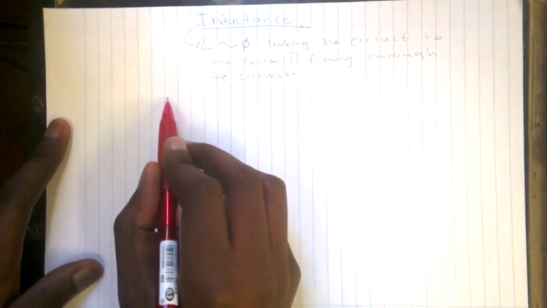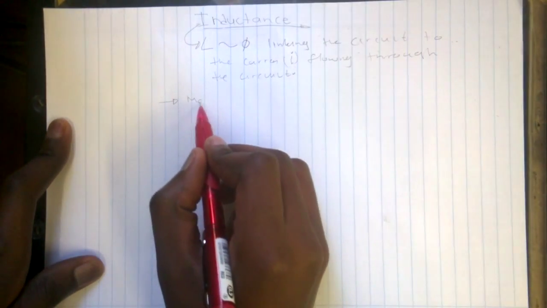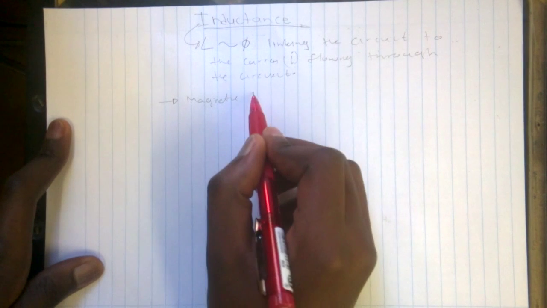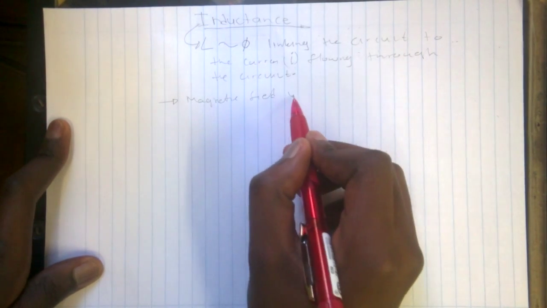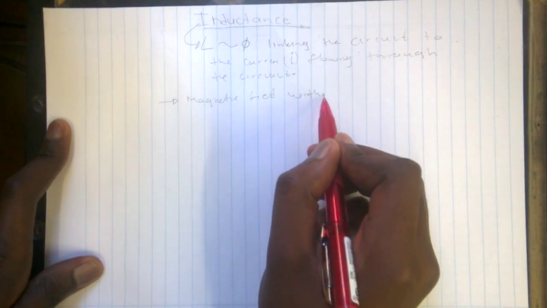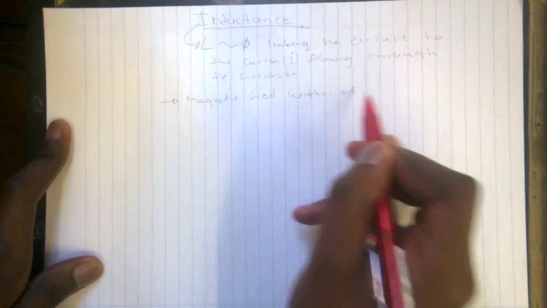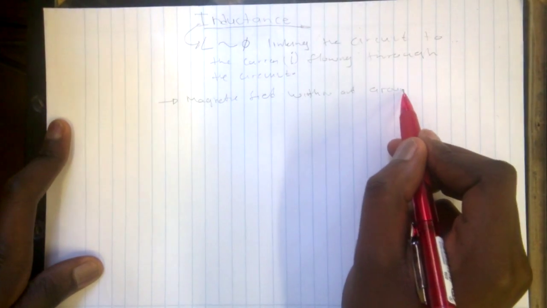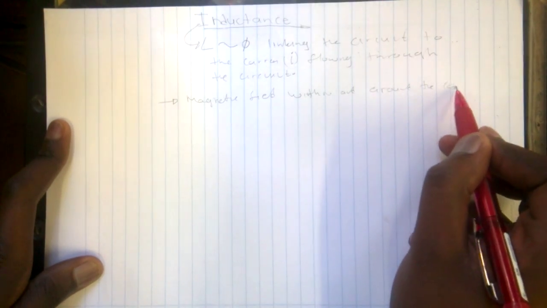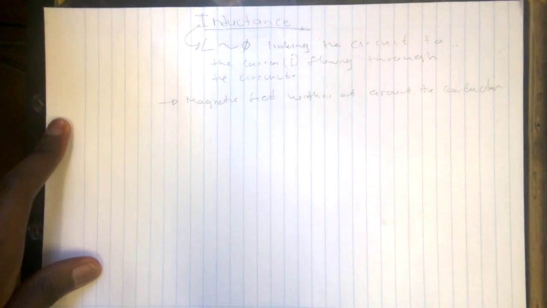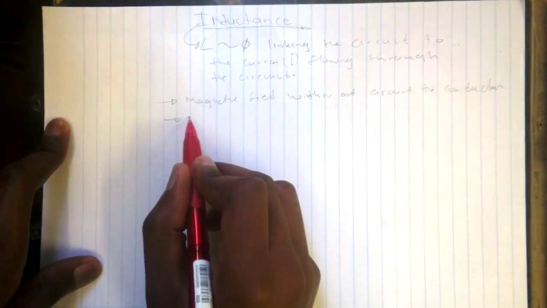And then we must always know that wherever there's a current flow through any conductor, there is going to be a magnetic field within and around the conductor. Then a change in that current will produce a change in magnetic field.